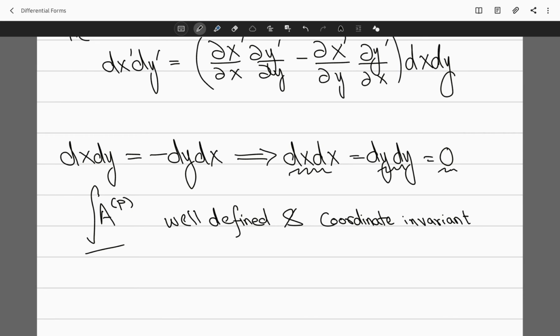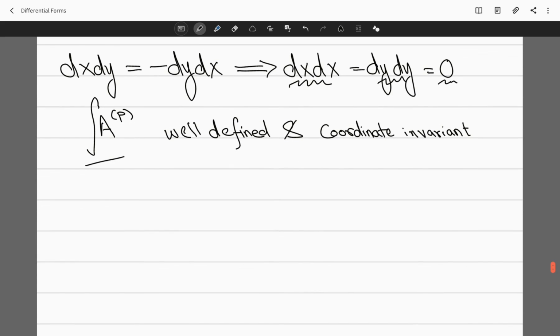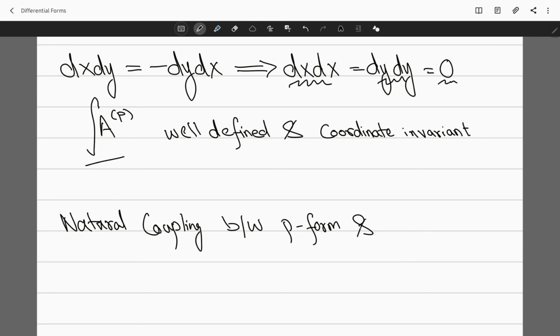And what that is, is that there is a natural coupling between the p-form fields, that is A_p, and the p-dimensional world surfaces.